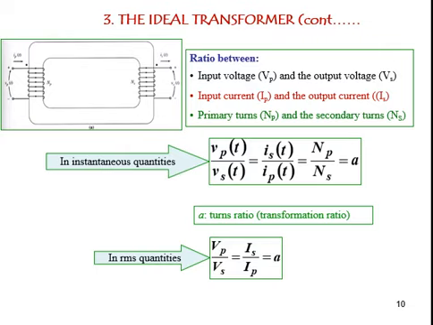Similarly, if we have RMS values, we can also find the transformation ratio from the RMS values of voltage and currents on both sides of the transformer, as shown in the second equation.